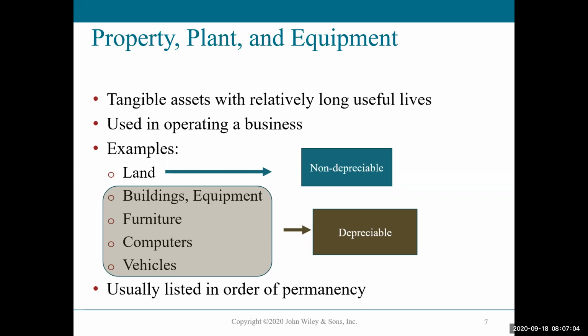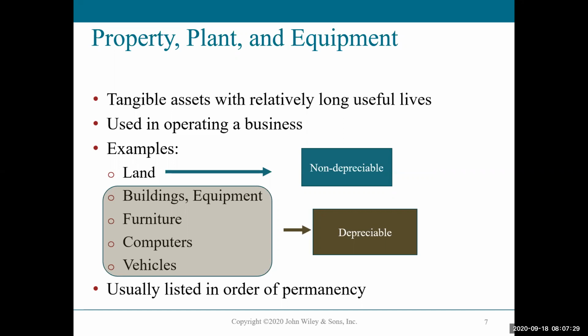Now, if the asset does have physical substance, then it becomes part of the property, plant, equipment account. If the asset lacks physical substance, then it becomes an intangible asset. So when we look at long-term assets or the non-current assets, these assets have to be depreciated over their life.